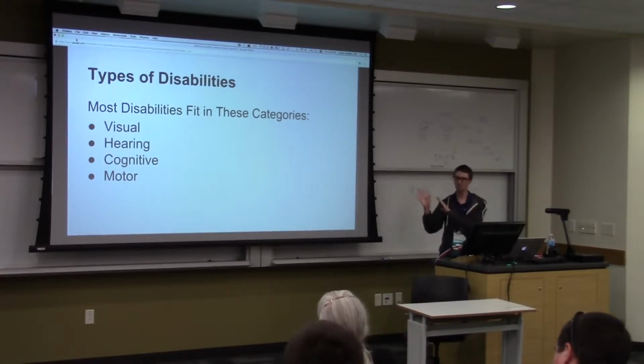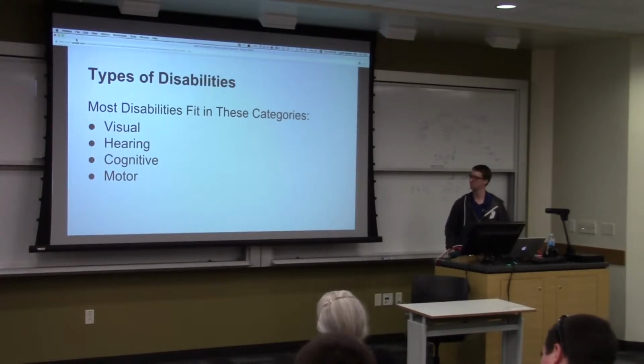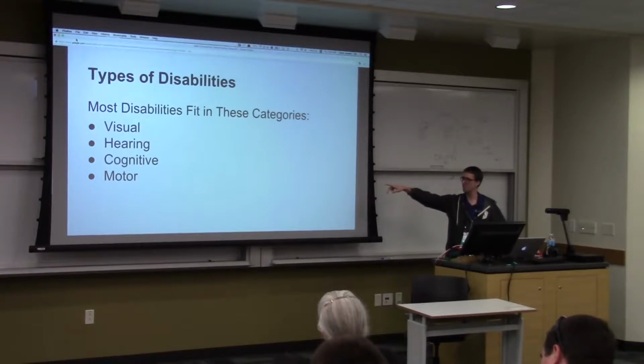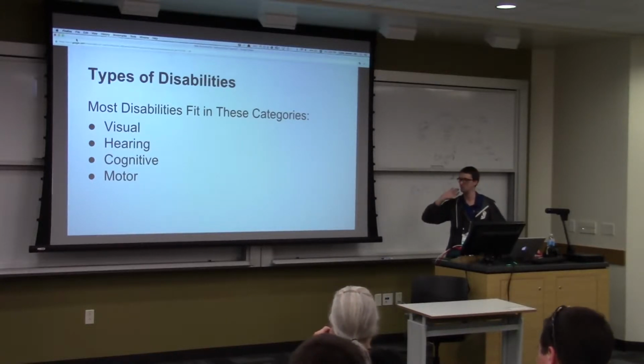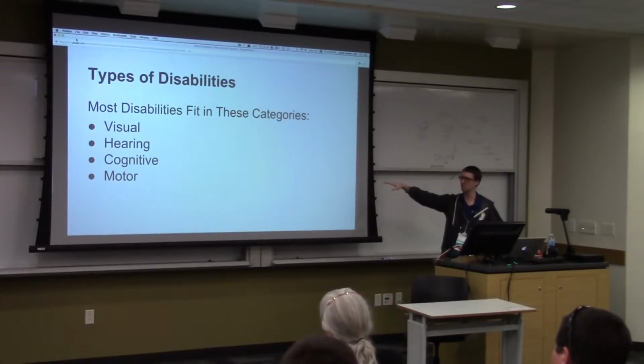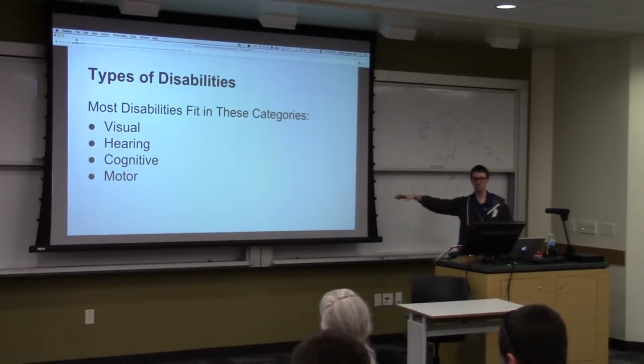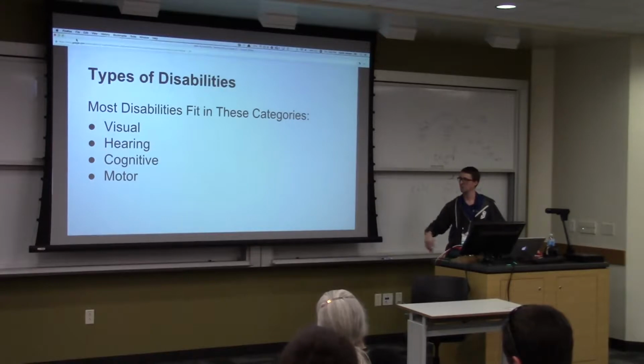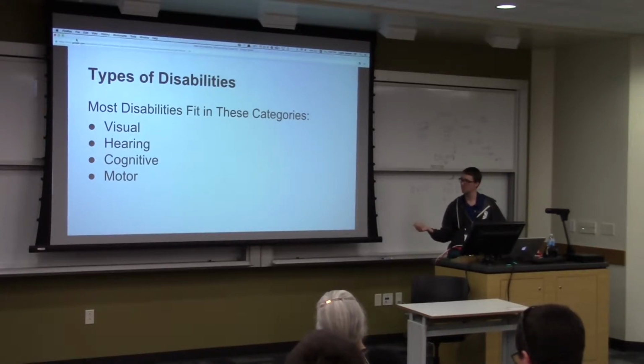But this kind of gives you an idea. So cognitive is going to be like reading disabilities or comprehension. Those who have ADHD would fit underneath this category. Motor skills is going to be those who have a hard time with the mouse, and also quadriplegics and things like that.